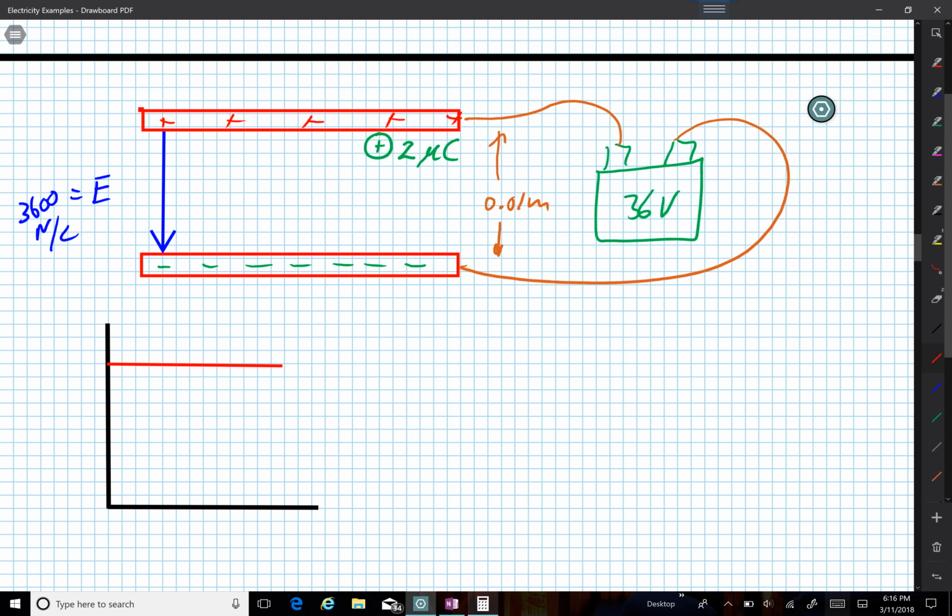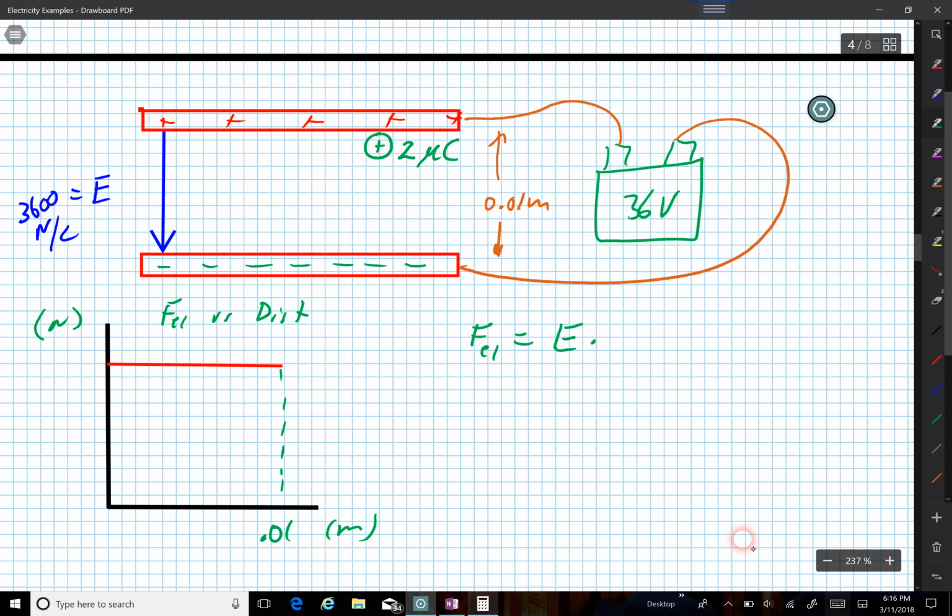This is force electric versus distance graph. This is newtons. This is meters. This is 0.01. And force electric is equal to, remember our equation. Well, let's just do this.